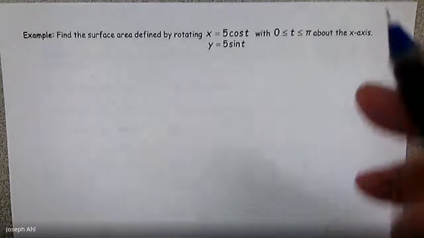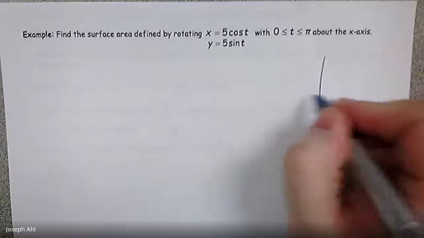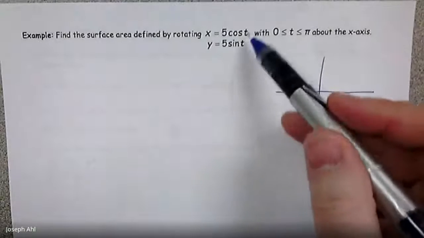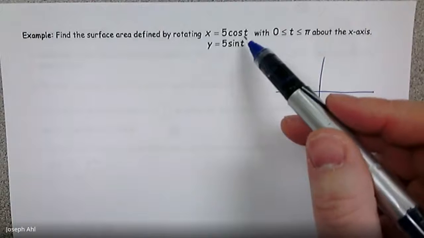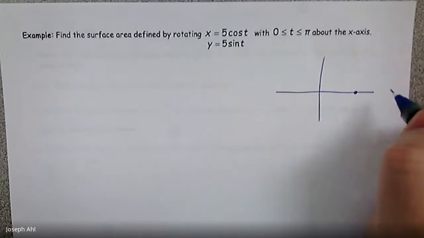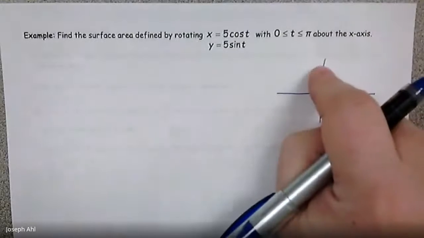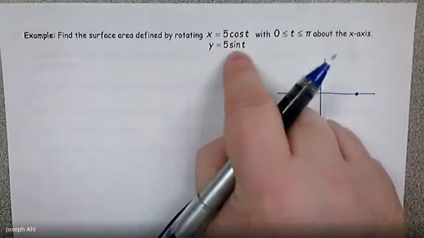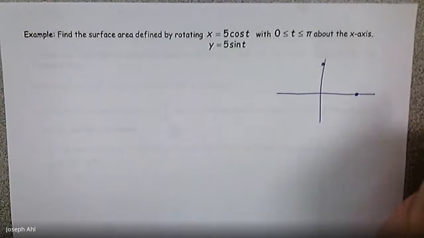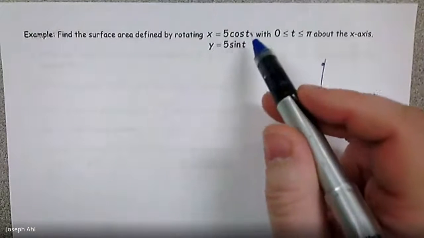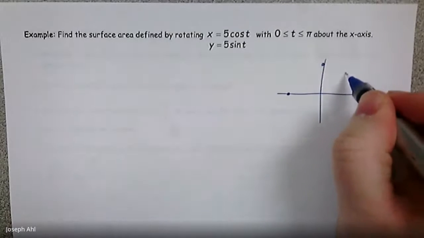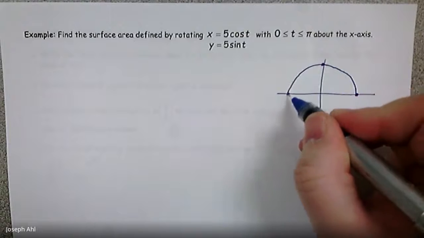So if we think about what this curve looks like from 0 to pi, and then we're going to rotate it about the x-axis, if I think about what's happening when time equals 0, x is 5, and y would be 0. So it starts here. At pi over 2, x is going to be 0, but now y is 5, so then it comes up here, and I think you know where this is headed, right? And then when time equals pi, x is -5, y is 0. So of course, this is the path of a semicircle.